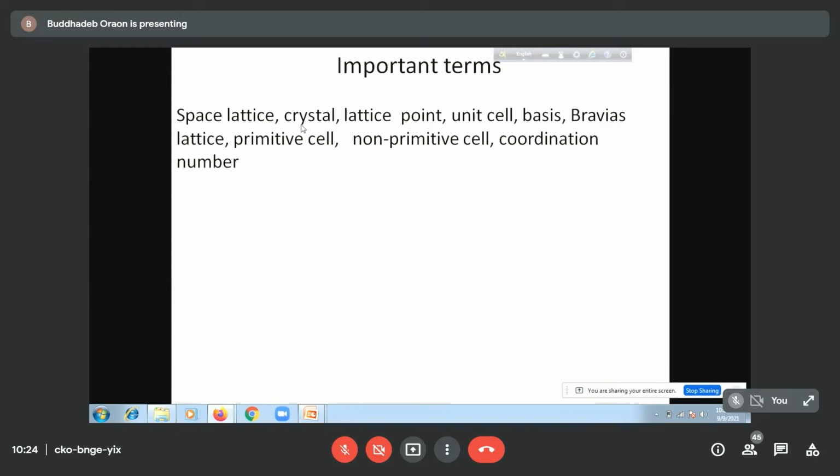So crystal has a typical definition. Sometimes it is defined as the lowest energy state of a condensed phase.